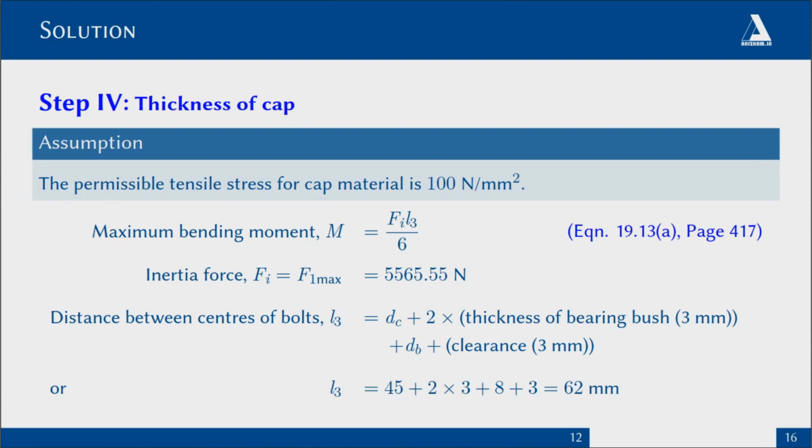Now from the relation M equal to Fi L3 divided by 6, we can determine the maximum bending moment. This relation is given as equation 19.13a in page number 417.